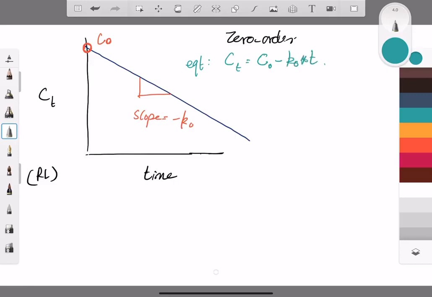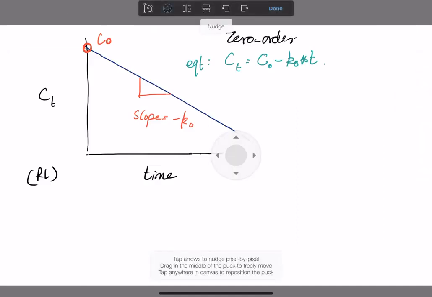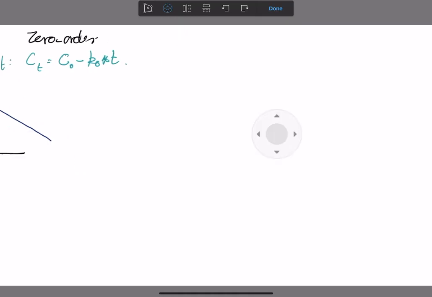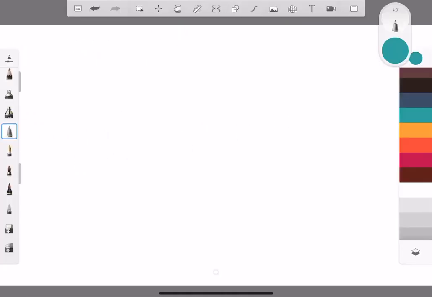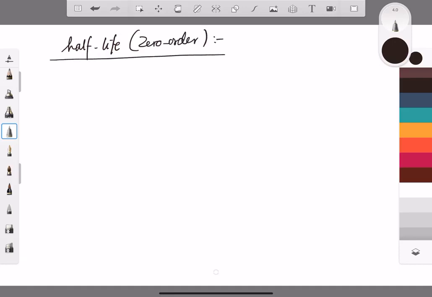Okay, so the last point that we need to talk about in the zero order reaction is the zero order half-life. What we know about the half-life of the drug in general, the definition of the half-life, we will talk mainly about zero order here, but the definition won't be different whatever the reaction that we are talking about.